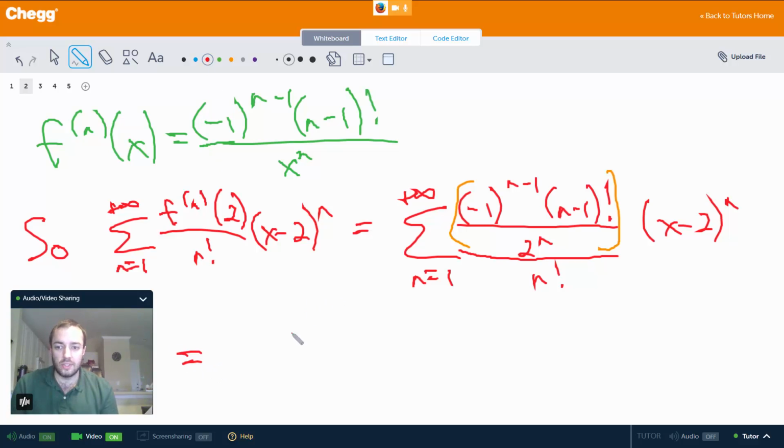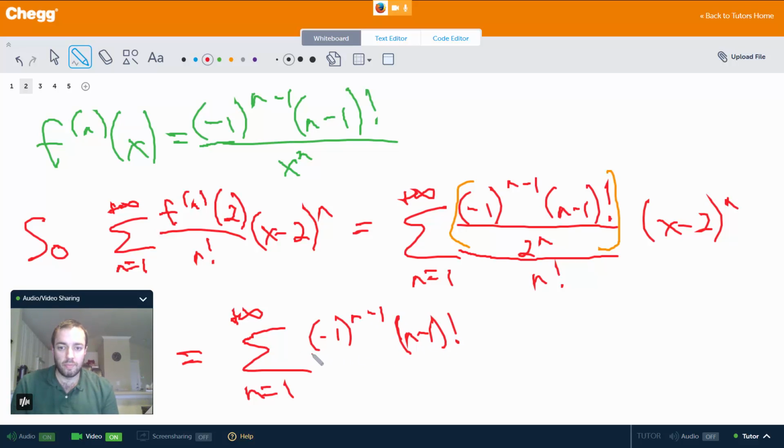And we're going to get the sum from n equals 1 to plus infinity of negative 1 to the n minus 1 times n minus 1 factorial all over 2 to the n times n factorial. Okay, so if we have this whole thing up here and we're dividing all that by n factorial, then that's just the same thing as saying this right here. So we can just move the n factorial into the denominator with the 2 to the n right here. Okay, and then we still have times x minus 2 all raised to the n.